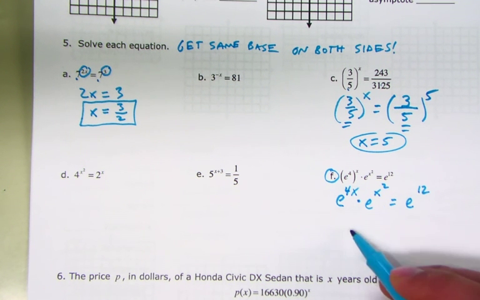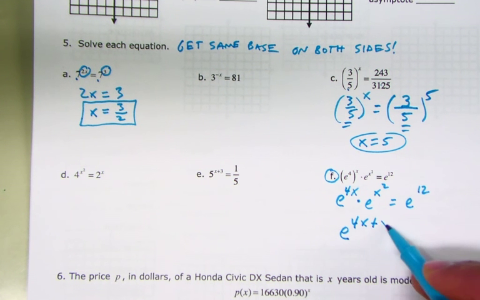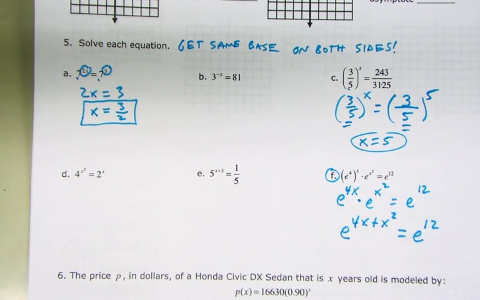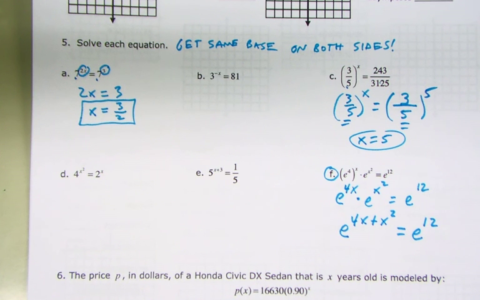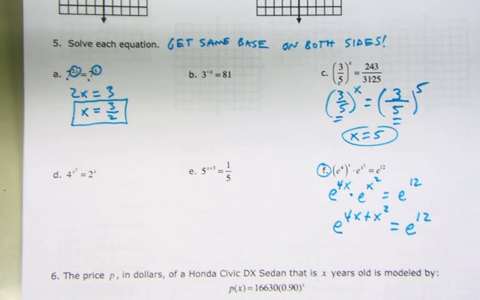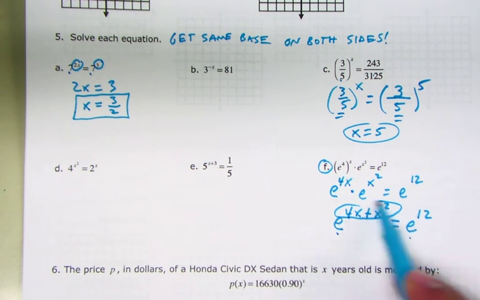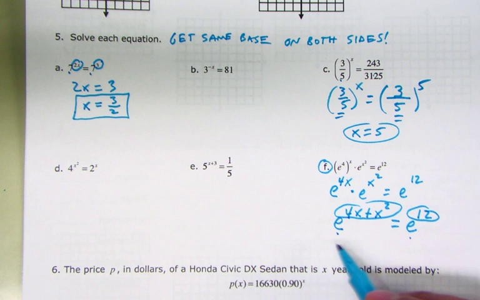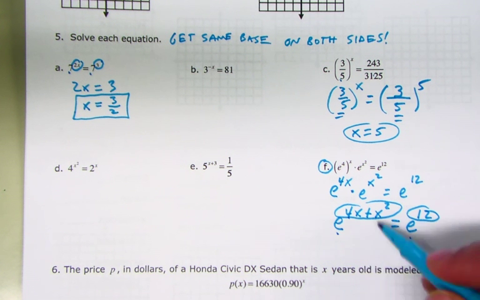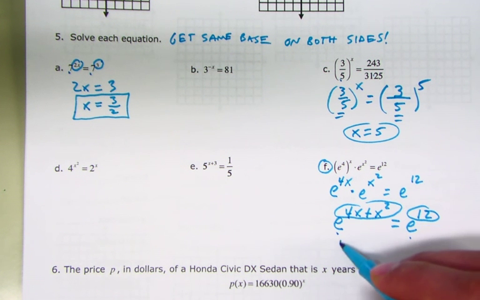They add up. So we're going to get e to the 4x plus x squared equals e to the 12. Does that make sense? Yes. So once you get the same base, you do the same thing we did before. You just do 4x plus x squared equals 12.